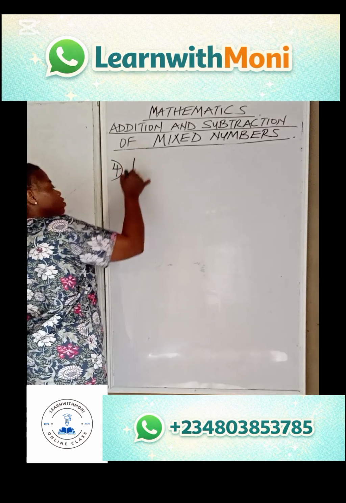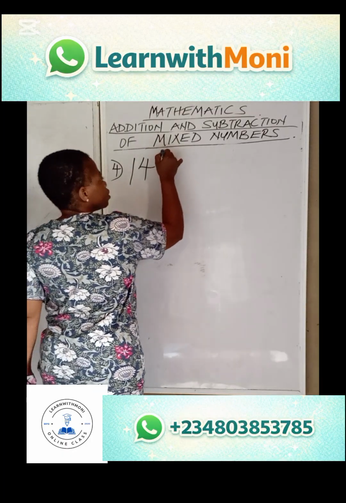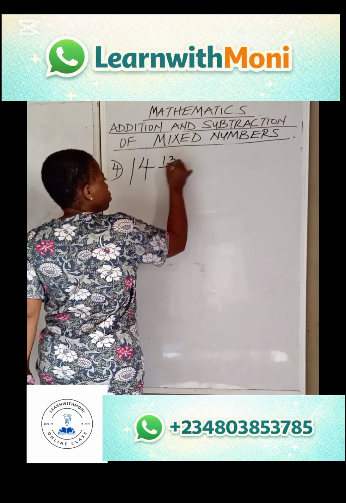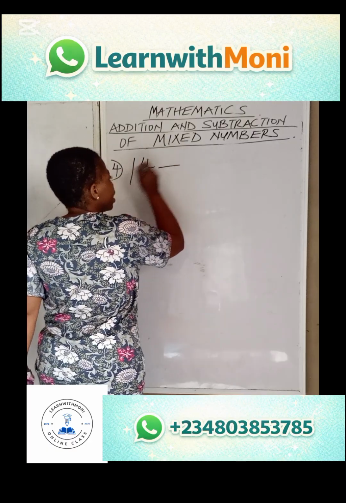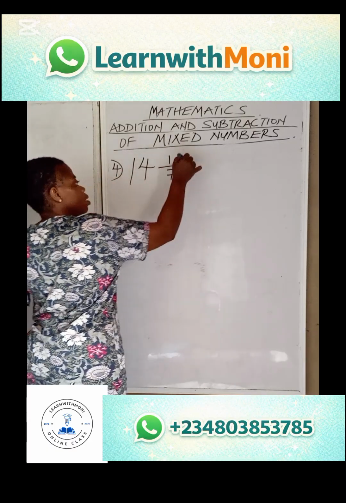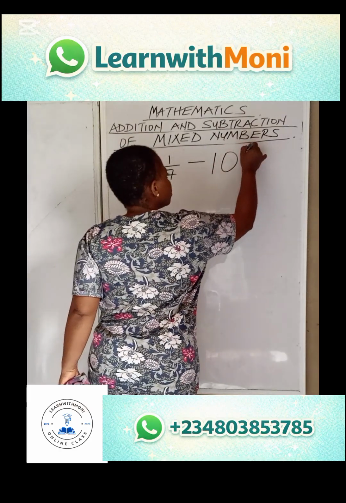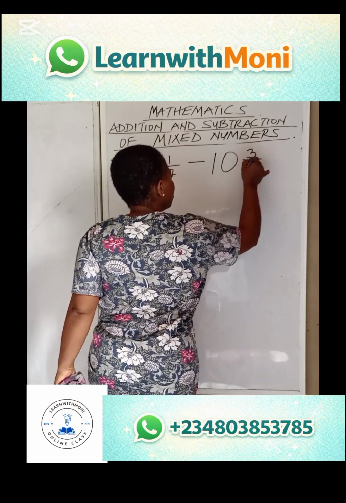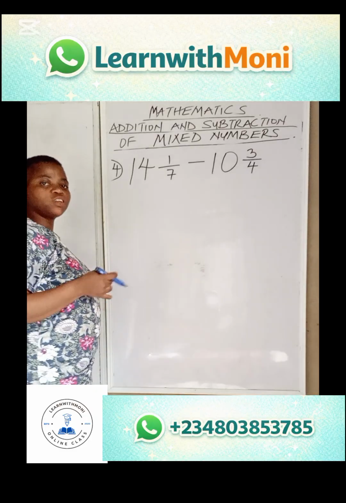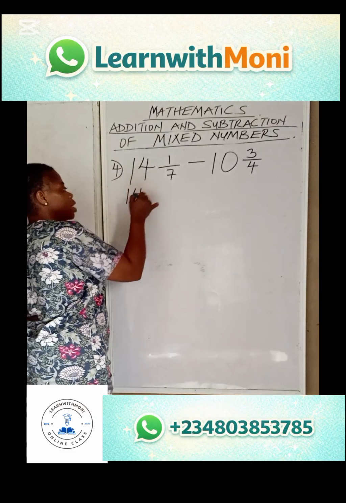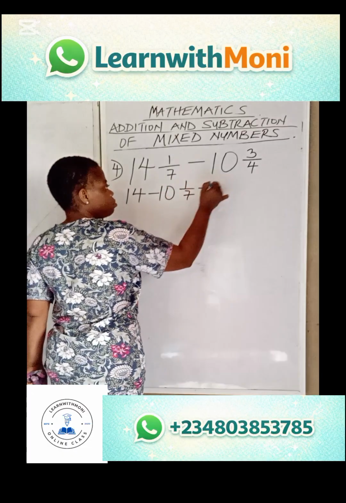Let's say we have a situation where we have 14 wholes. Let me pick a case like 1 over 7 minus 10 wholes and 3 over 4. Let's see this situation. Subtracting the whole numbers first. 14 minus 10. Then the fractions 1 over 7 minus 3 over 4.